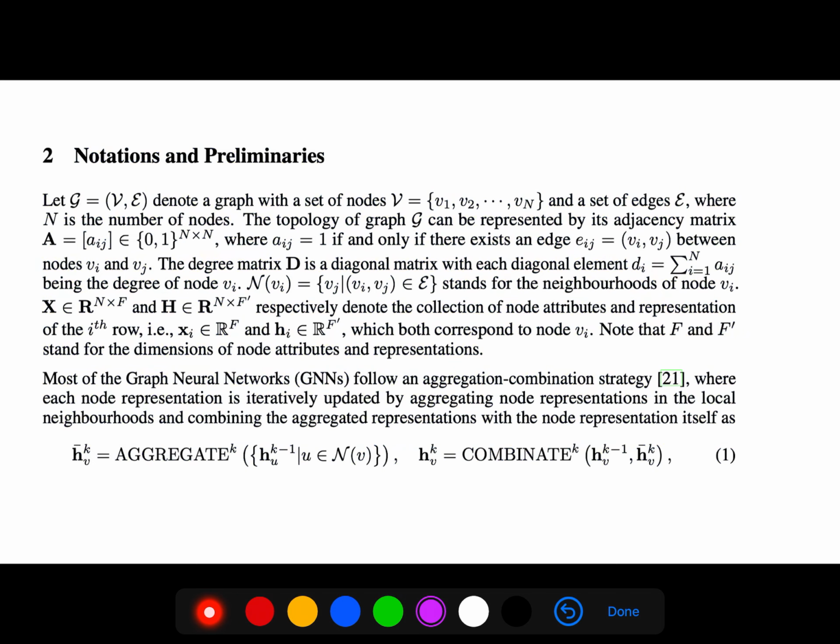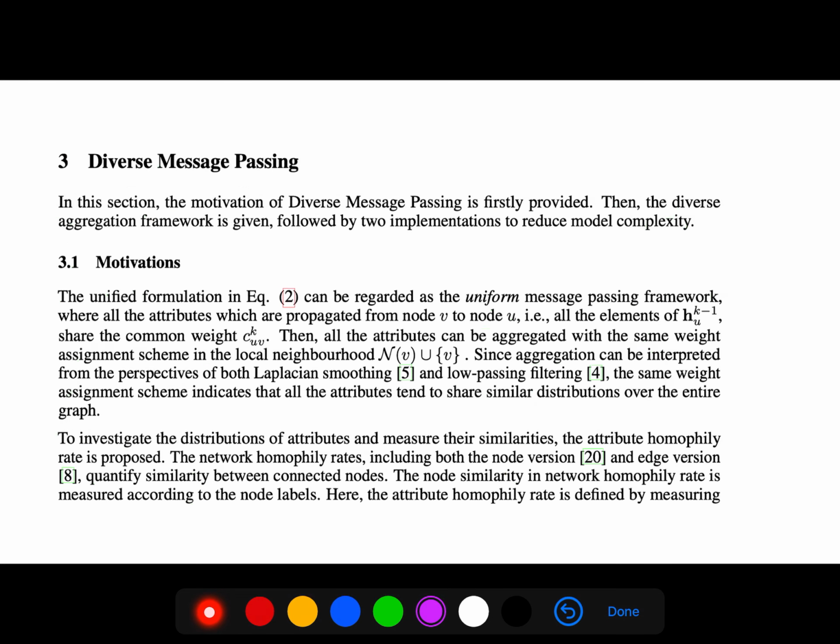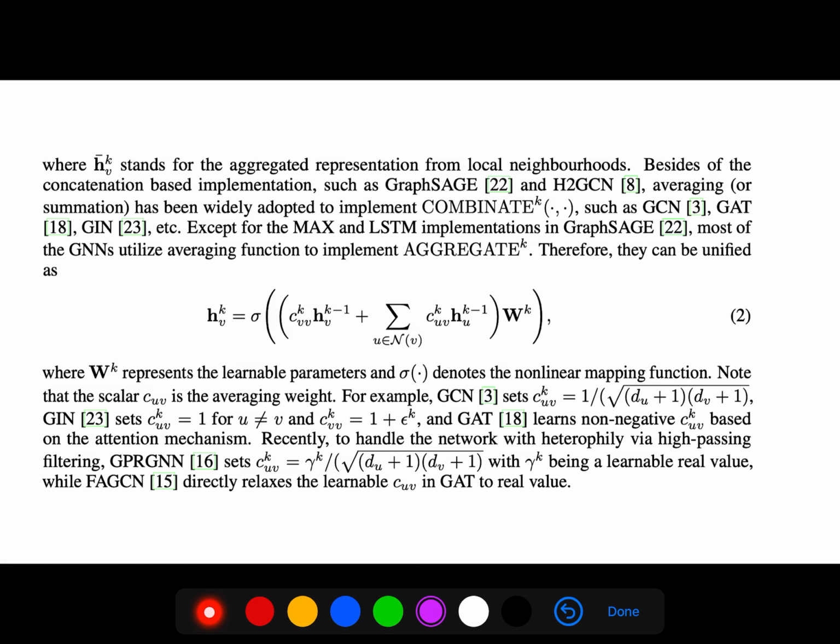So when we have a graph neural network, we have aggregation and update, which is combined. So we can summarize it like this.